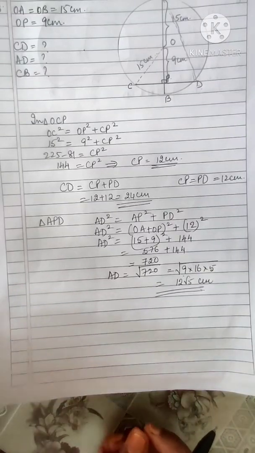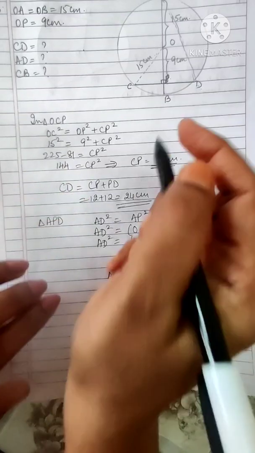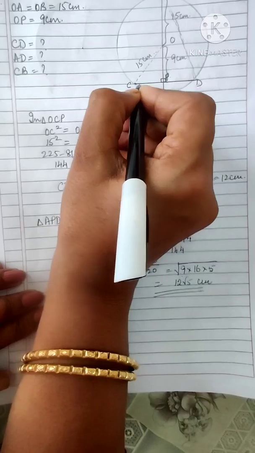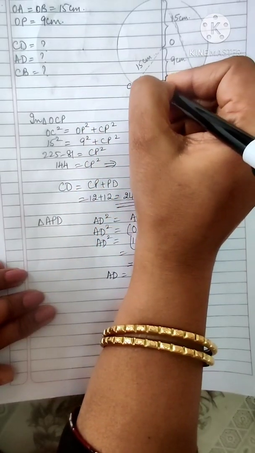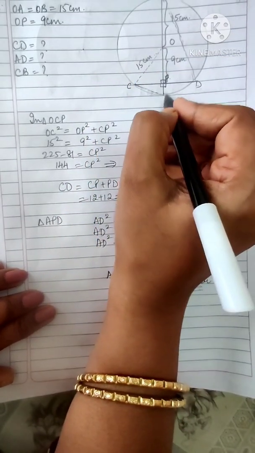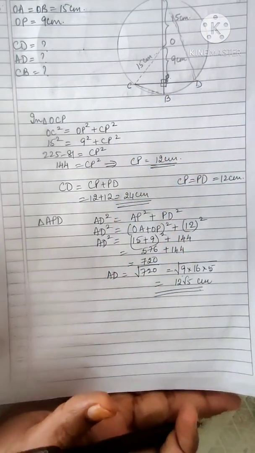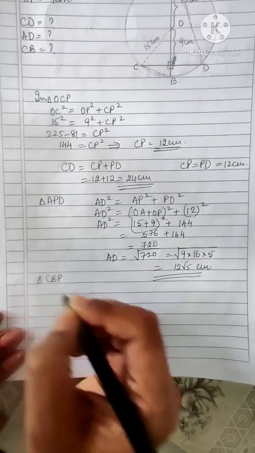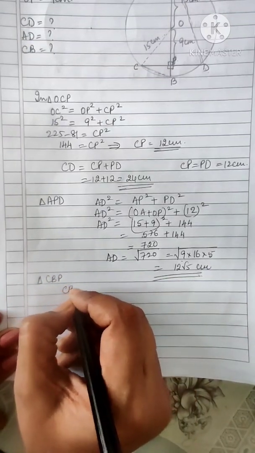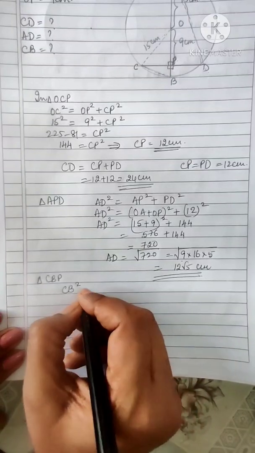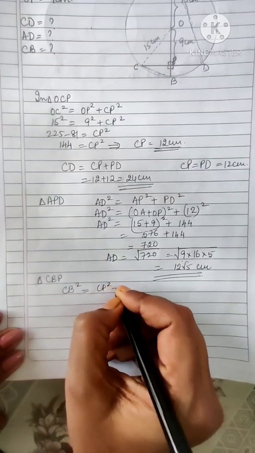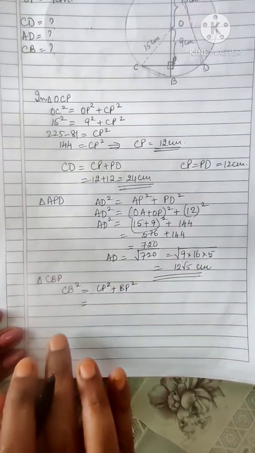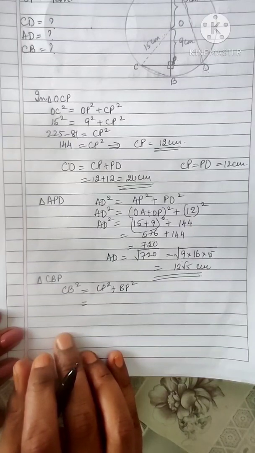Now moving on to the next part, which is CB. You have to find CB. So we can join CB using a dotted line, and if you observe here, you get CBP is also a right angle triangle. So triangle CBP is a right angle triangle. So by Pythagoras theorem, you get CB square is equal to CP square plus BP square. And CP square, what is CP square?